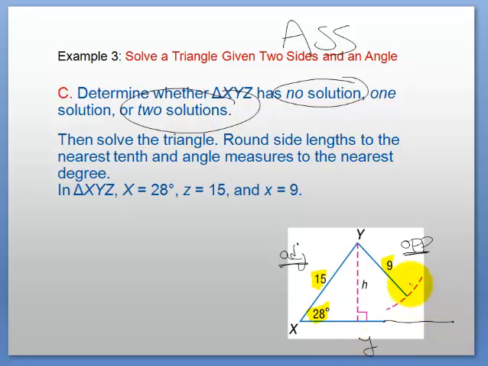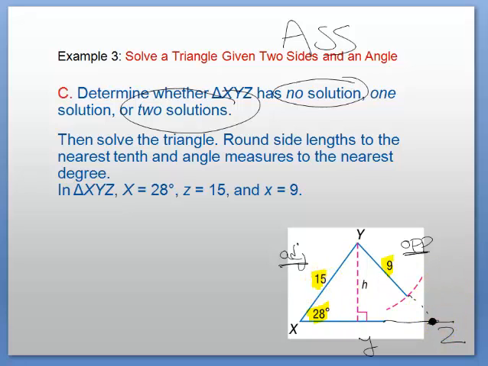The two solutions means that it is long enough and it's going to create a triangle with an angle z. But if it creates one triangle, therefore it must create two triangles. The reason why is because the opposite length is shorter than the adjacent length.